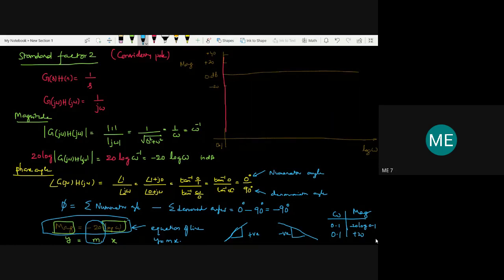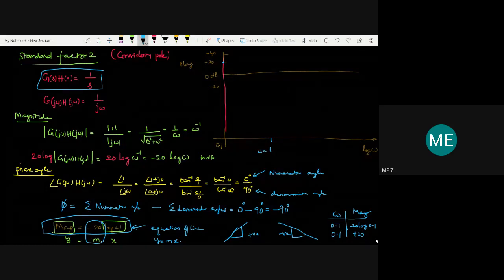Means at this particular point, if I plot the magnitude plot for the factor 1 by s, it is going to be plus 20. Then at ω equal to 1, log 1 is 0, so the magnitude is 0.